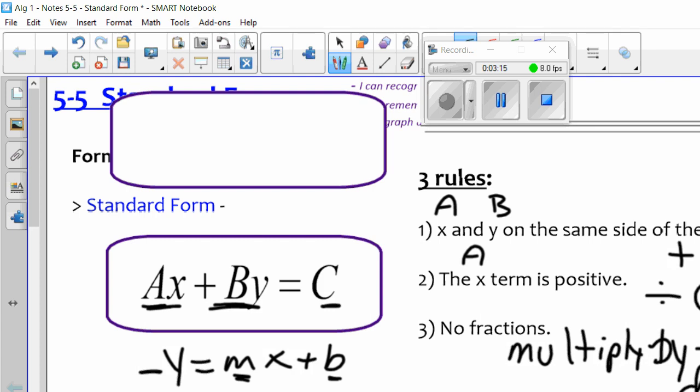Okay? So we've done that all year long. There were times when we multiplied by the reciprocal because that was a little bit better way to do it with what we were doing. But this one's much better just to multiply by the denominator. But once again, you have to do it to the entire equation, okay?